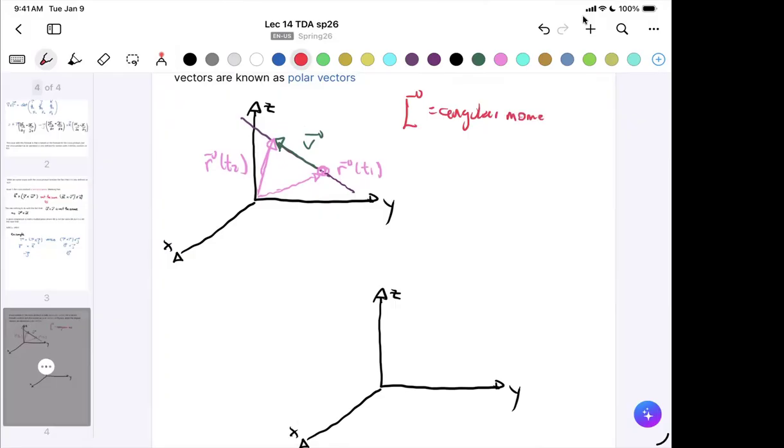Right? And this is r cross the linear momentum. Okay.